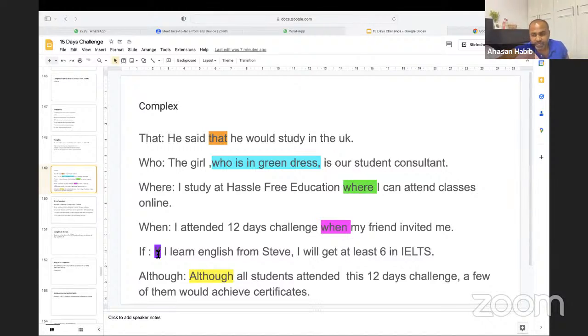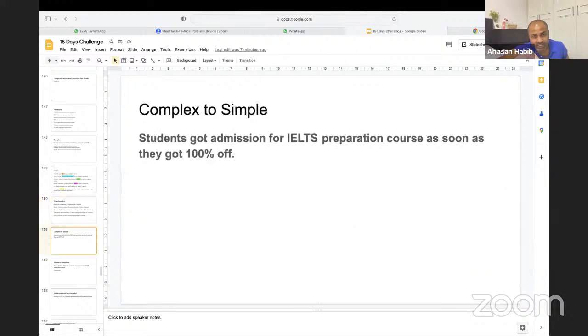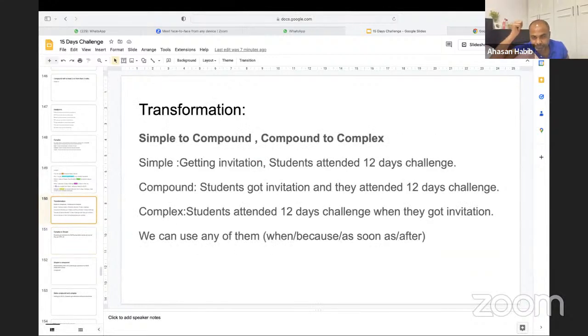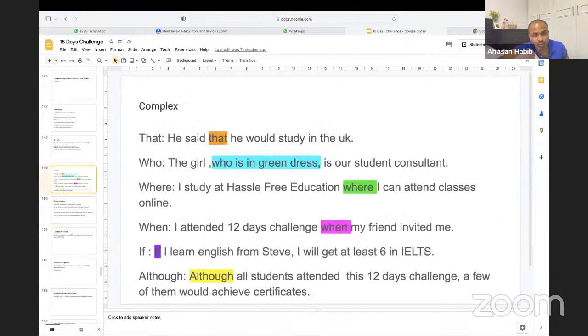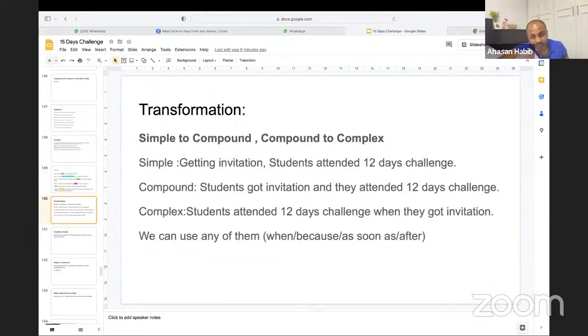So let me recap all the things I have told you earlier. If you see one verb, it's a simple sentence. If you see two or more than two verbs, it's a compound sentence. And if you see these kind of things like that, who, where, when, if, though, although, that means it's a complex sentence.